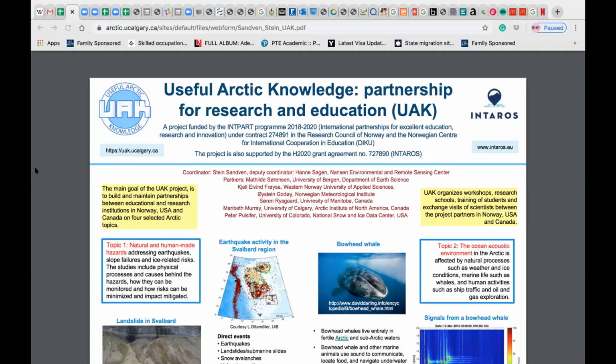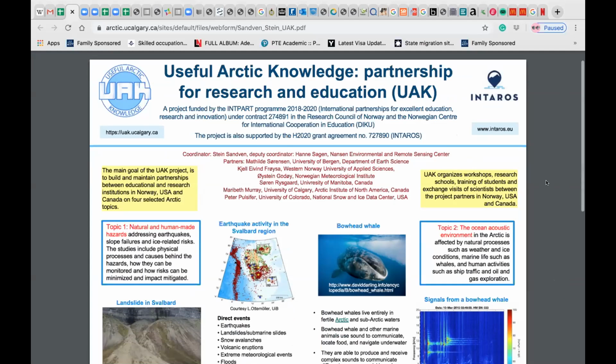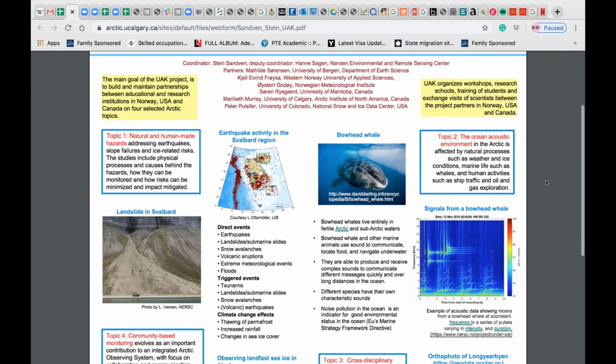Then topic number 2 is about the ocean acoustic environment. As you know, ocean acoustics are important for marine mammals because they communicate with acoustics. We know that there is human-generated noise from ship traffic, and oil and gas exploration is another issue.